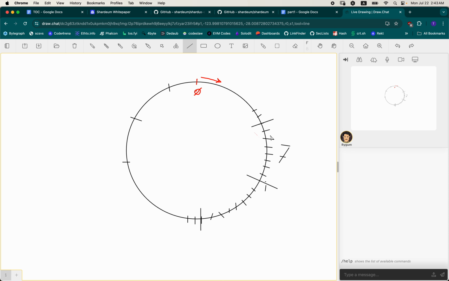In our simplified case for coin transfers, it's just two accounts. It will be this set of nodes and this set of nodes. In case of overlap, there will be a smaller number of nodes.